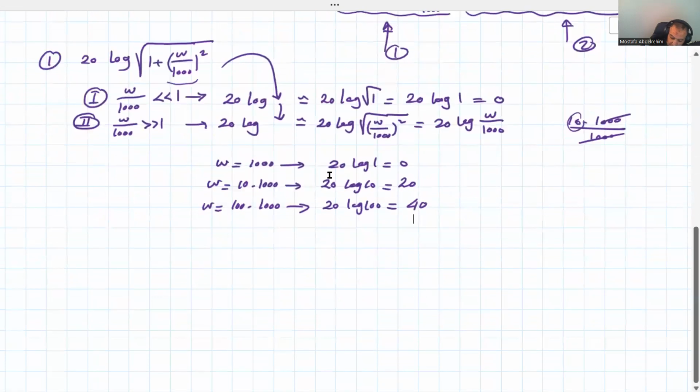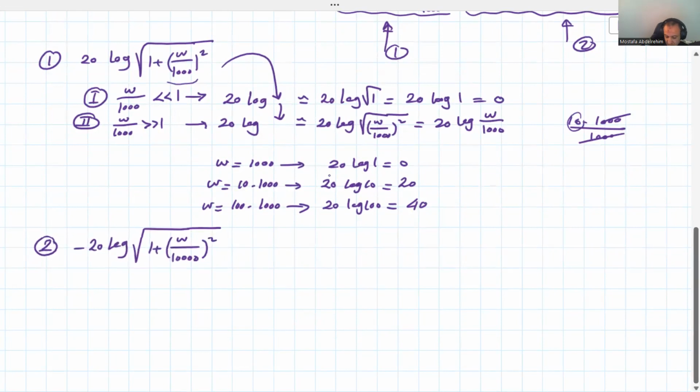Good. Number 2: minus 20 log square root of 1 plus omega over 10,000 squared. Again, this is very similar to the first one, but we have just a minus at the beginning.